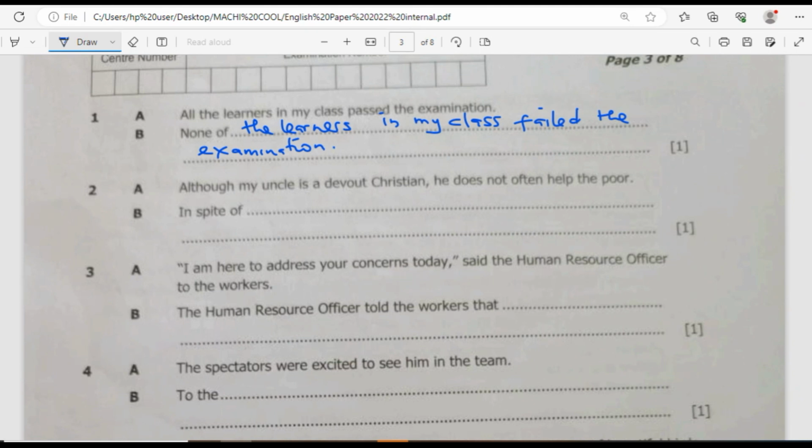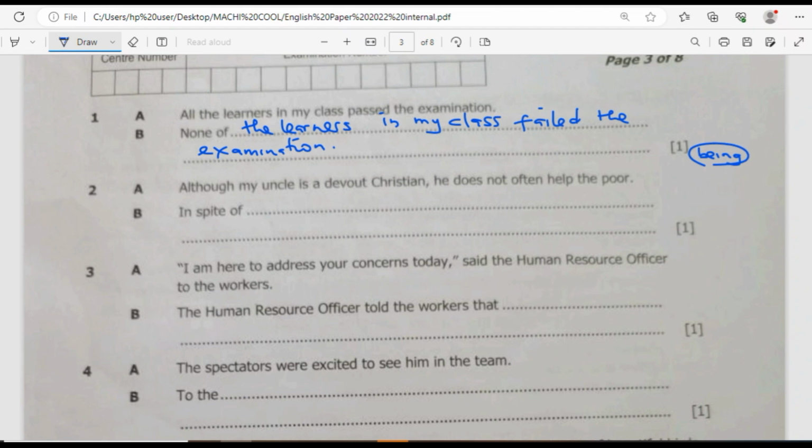Although my uncle is a devout Christian, he does not often help the poor. So him being a Christian, he was not helping the poor. Here we are saying in spite of. Always remember that when we say in spite of, there must be being.